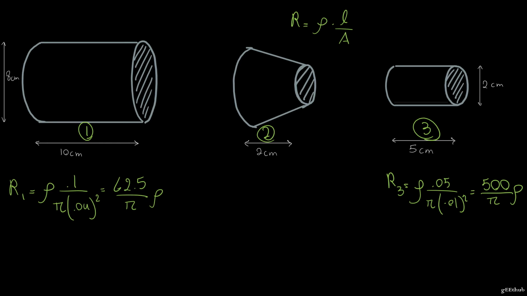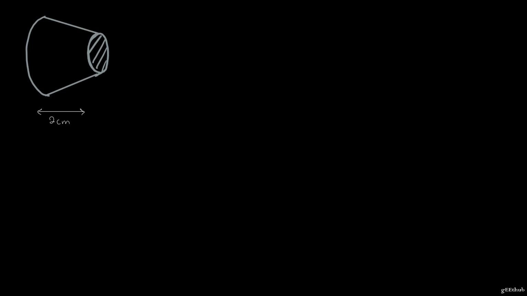If I add the resistance for object number 2, at this point I would have just added them together and I would have got my equivalent resistance, but I can't. So let's figure out a way to calculate the resistance of this object now.